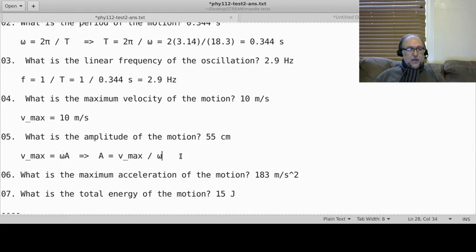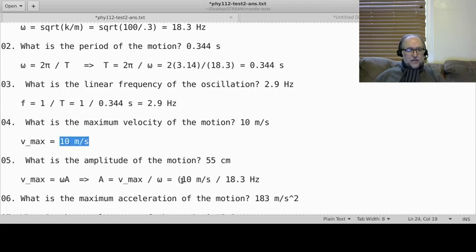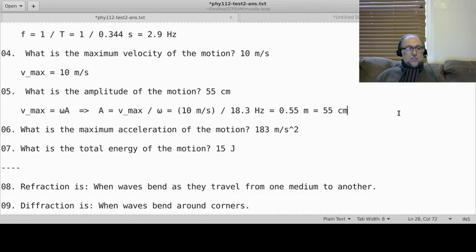We have those quantities above. We have that omega is 18.3 hertz, which goes into the denominator, and we have that the maximum velocity is 10 meters per second. If you crunch that through your calculators, you will get 0.55 meters. But if you looked at the answers that I gave you, I actually converted it to centimeters, so that is 55 centimeters. Okay, that solves that problem.